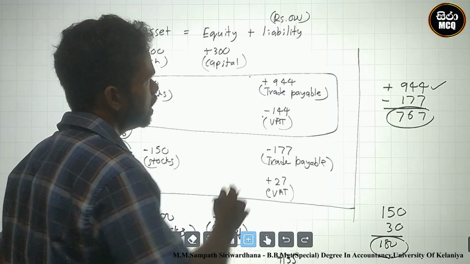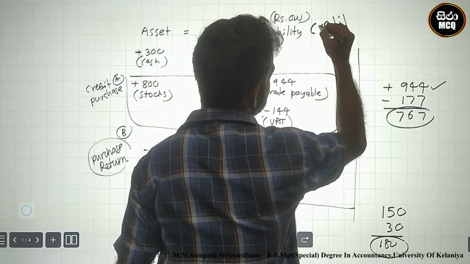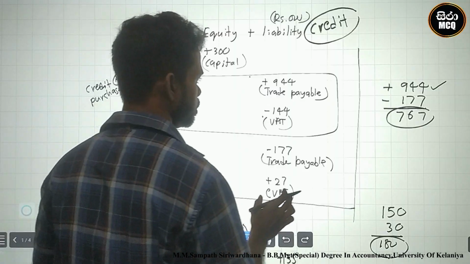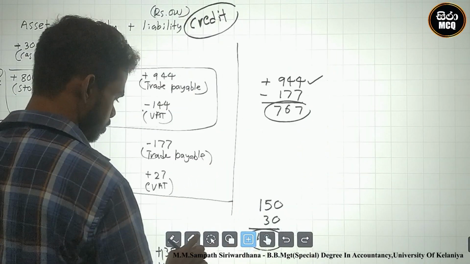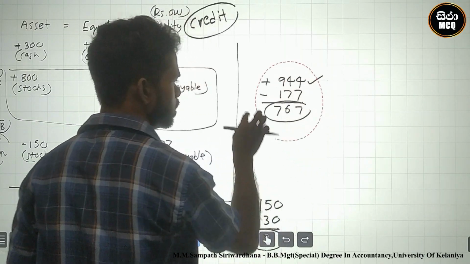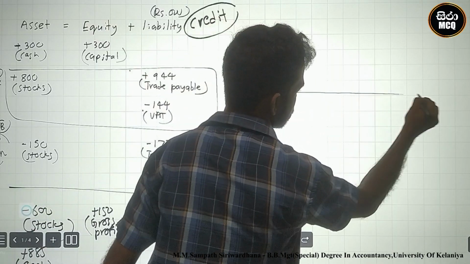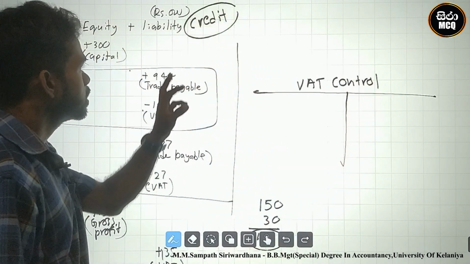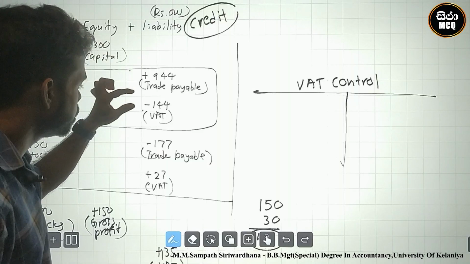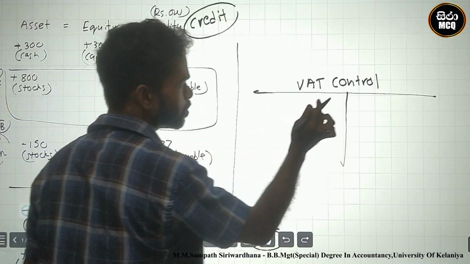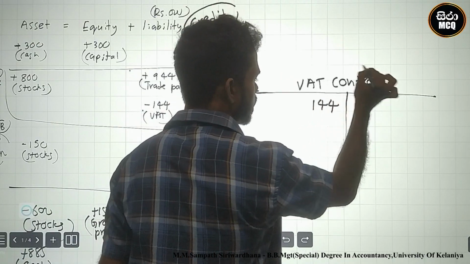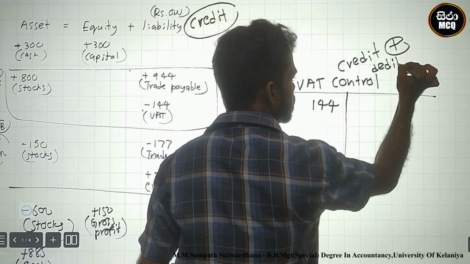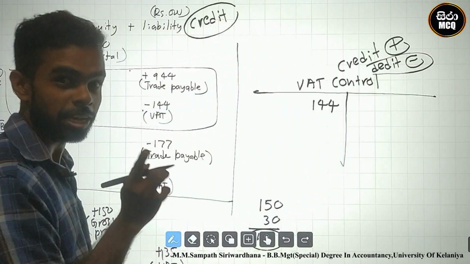VAT minus means, since liabilities are credit balances, therefore I can create the VAT control account here. The VAT control account has a credit balance. A minus side must be debited. Why? Because the VAT control account is a credit balance account: credit side must be plus, debit side must be minus. This is the minus side, therefore I debit it.